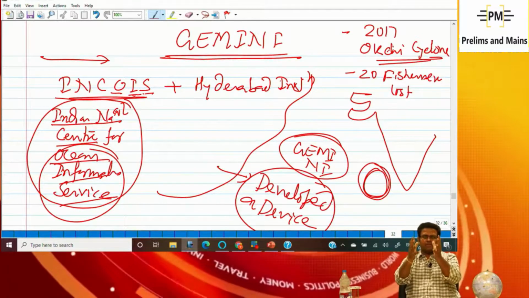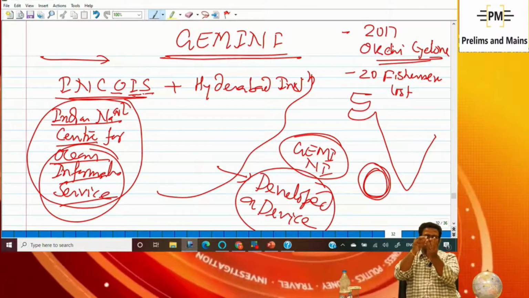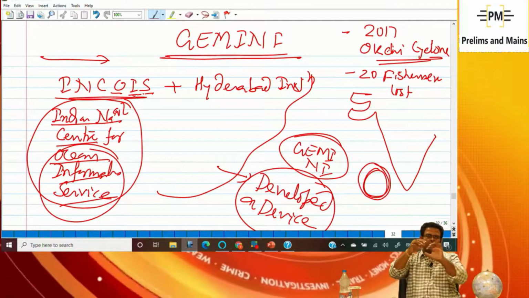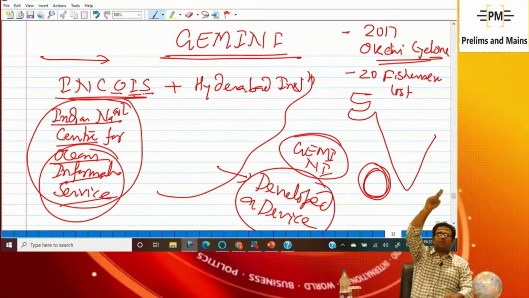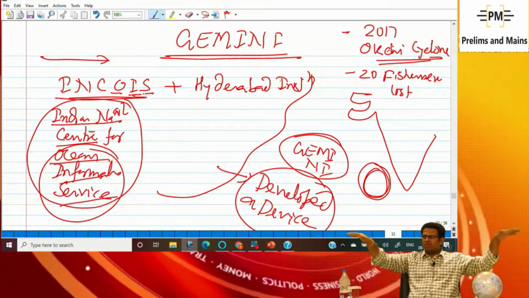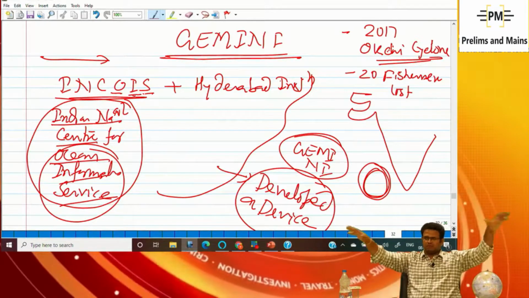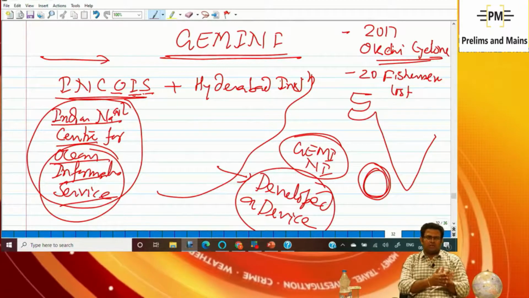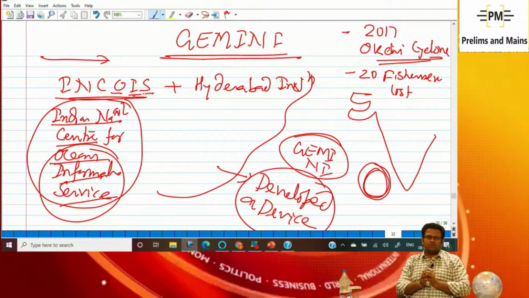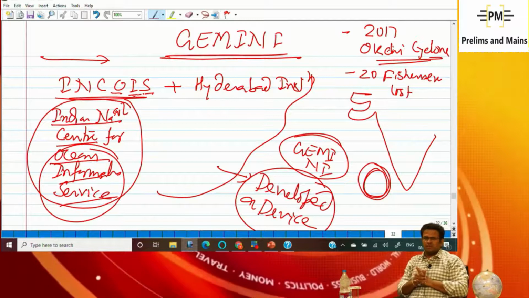I have put the device in India somewhere, and this Gemini is helping, and with the help of Gagan they are trying to give the early warning system to the fishermen in the coastal areas.